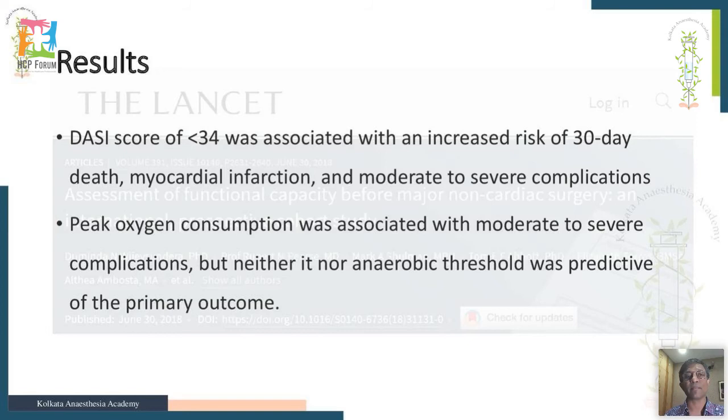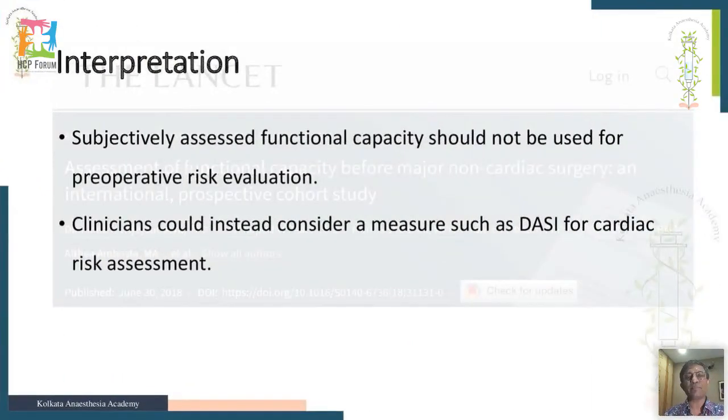So the interpretation from the METS 2018 study, that is the authors as well as to me, is that a subjective assessment like functional capacity with just assigning MET scores is possibly not as good for preoperative risk evaluation. And maybe we think of going back to the Duke Activity Status Index for cardiac risk assessment.